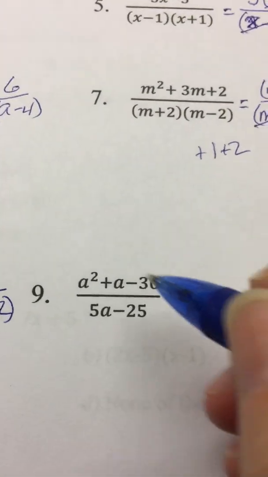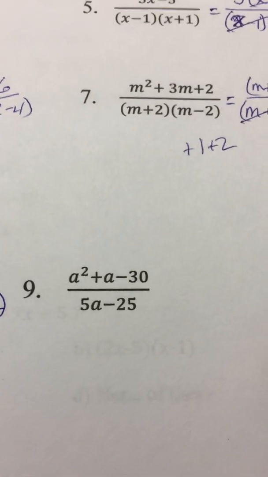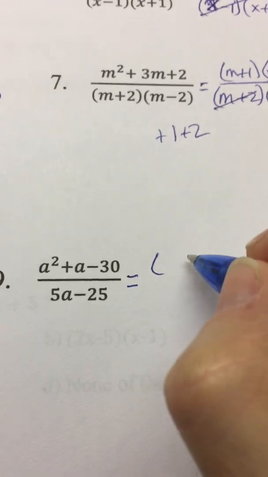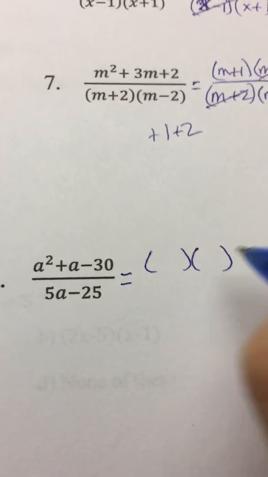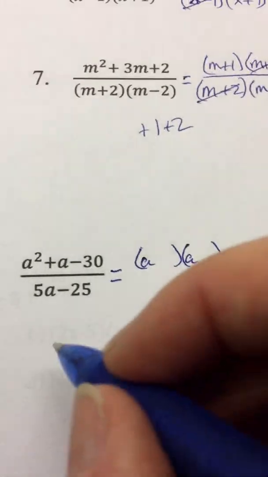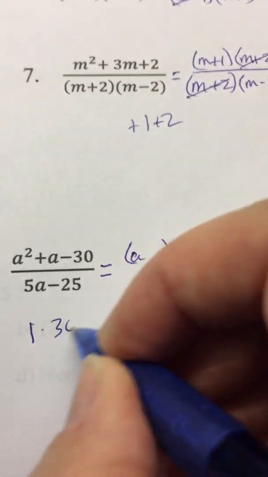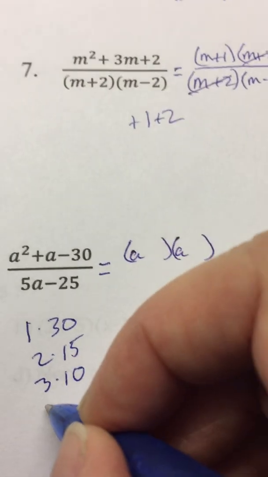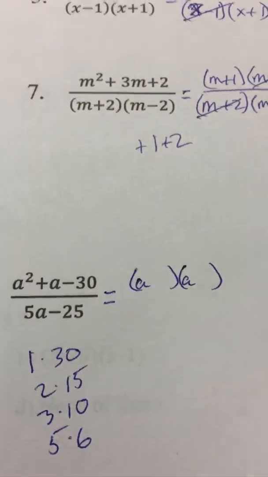Number 9, factor the top, factor the bottom, see if any of the factors can cancel out on top and bottom. I'm pretty sure this is going to be a binomial times a binomial because the answer was a trinomial. It's going to have an a and an a. I need factors of 30, so you might make a list of 1 times 30, 2 times 15, 3 times 10, 4 won't go evenly, 5 times 6, and 6 is already used.